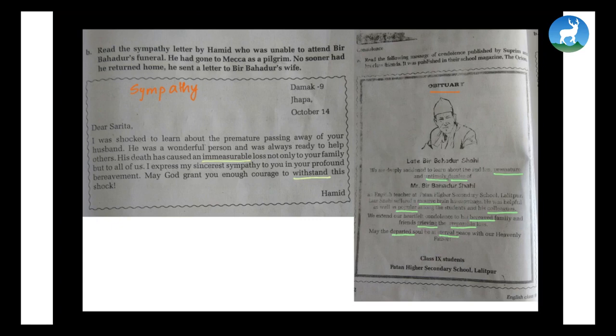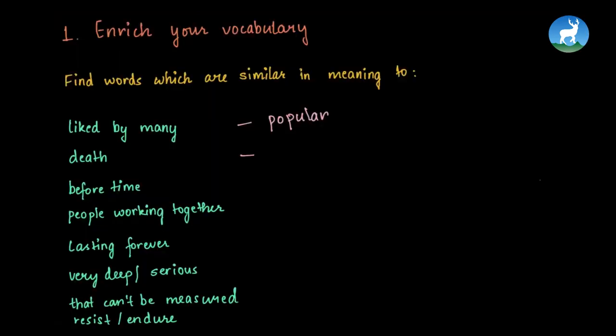We are deeply saddened to learn about the sudden, premature and untimely demise or untimely death of Mr. Bir Bahadur Shahi. We are talking about a person who's died. We're writing a condolence to the person who's died, and here demise certainly means death. So the word similar in meaning to death is demise.